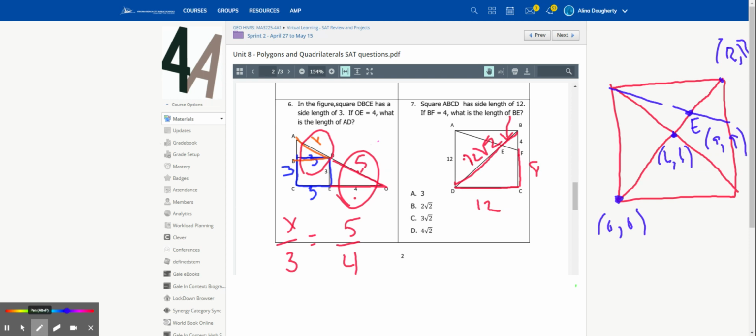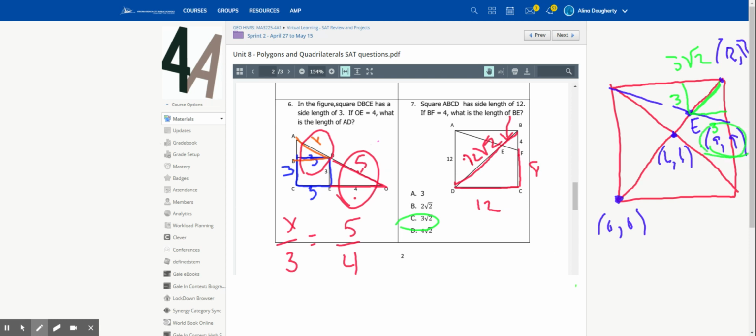Okay, so if you know that that's at 9, 9, then you can make another little square right here, which is 3 by 3. So this diagonal, which is what you're looking for, is 3 on the square root of 2, which is your answer. The way I got this 9, 9 was to put it in Desmos.